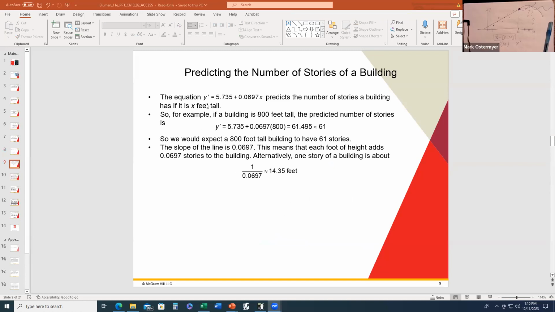So suppose we use our linear regression equation that we developed a couple slides back for the buildings. Suppose we want to make a prediction. If we know that a building is 800 feet tall, what would be the predicted number of stories that it would have? Well, you would literally let X be equal to 800.